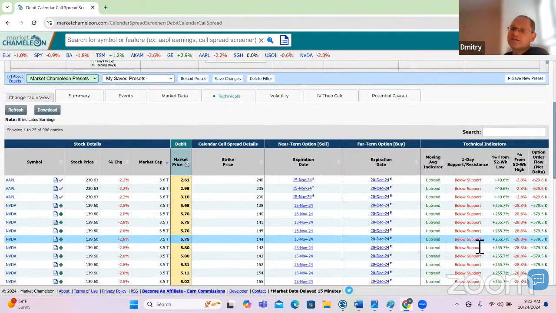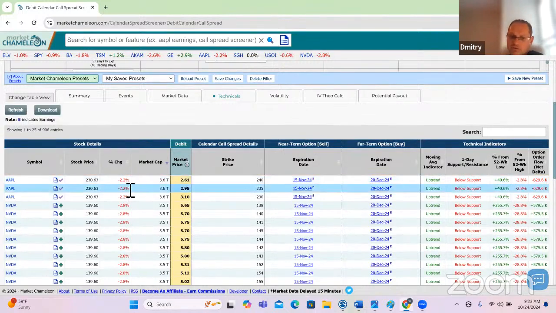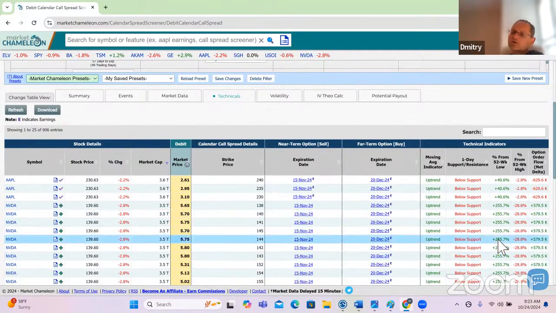Plus, it makes it easier to filter, so not only can we see it, but we can filter for that specific situation. When it says below the support, yesterday Apple was down 2.2%. You can see in the video a lot of them were trading below the daily volatility band we were calculating for this stock.